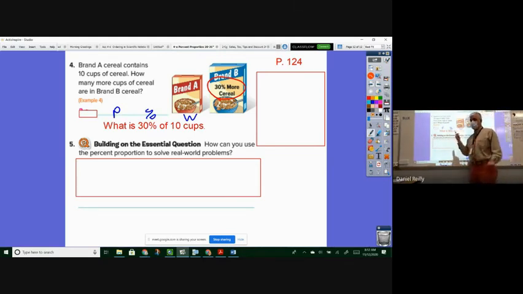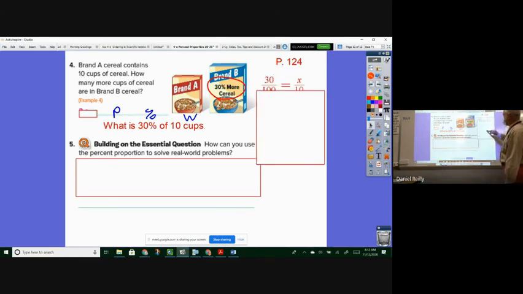Now, some of you can just do this in your head because this is one of those mental ones we did before using the 10% rule, okay? Or you could do it using 0.3 times 10, like we learned last week. Or if you were confused on both of those, which I know some of you were, you can use the percent proportion.